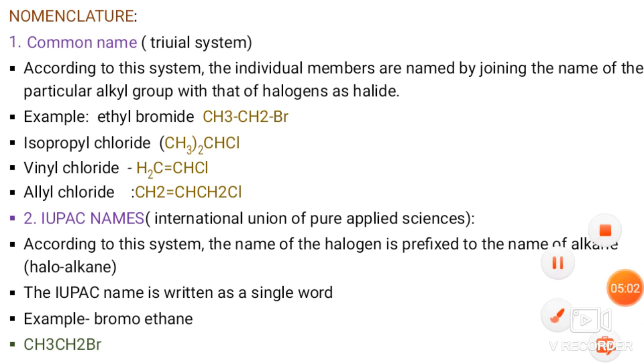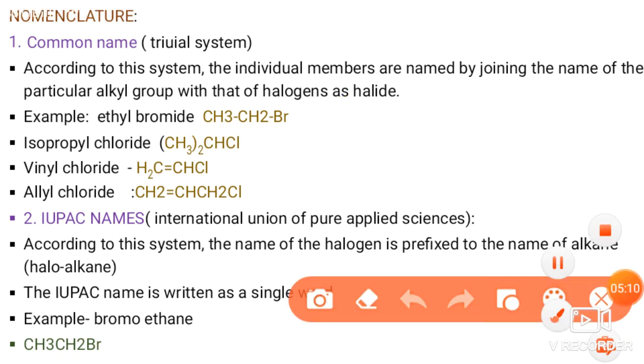Some examples of the common system are ethyl bromide, CH3CH2Br; isopropyl chloride, (CH3)2CHCl; vinyl chloride, CH2=CHCl; allyl chloride, CH2=CHCH2Cl.